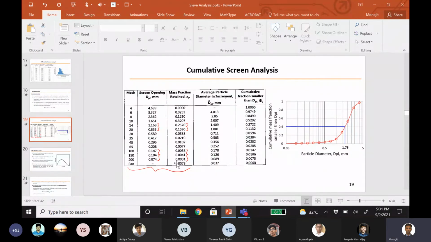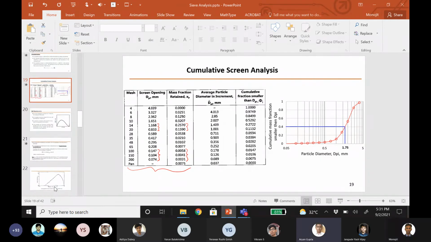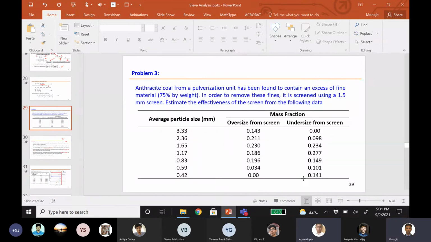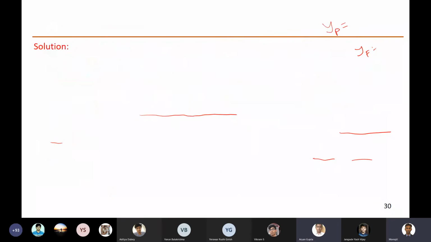How did we do that? So we keep on adding from the bottom to top. Yes, sir. Basically we can do the same thing here. We can add it up from the bottom and we can get the cumulative fraction.